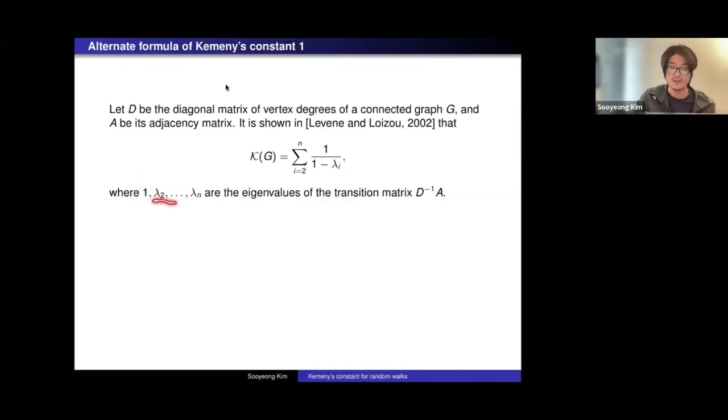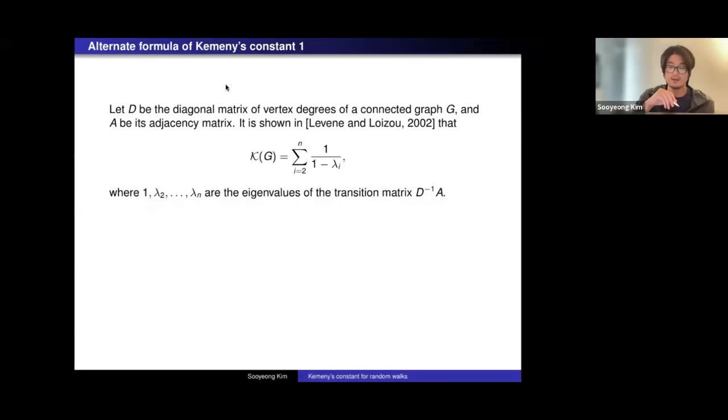And then lambda 2 through lambda n are the various eigenvalues. In Markov chain theory, this second largest eigenvalue, lambda 2, in non-increasing order, plays an important role. It has to do with the so-called mixing time, which means when you have an initial state, it converges to some stationary vector. So it measures how fast it converges and so on. And this is also related to Cheeger's constant.